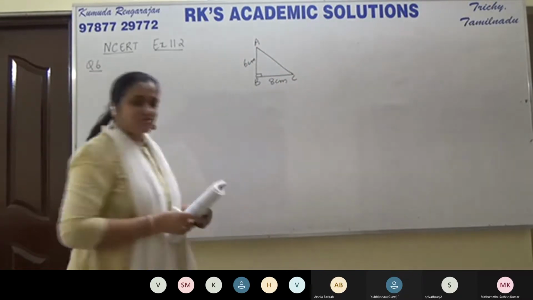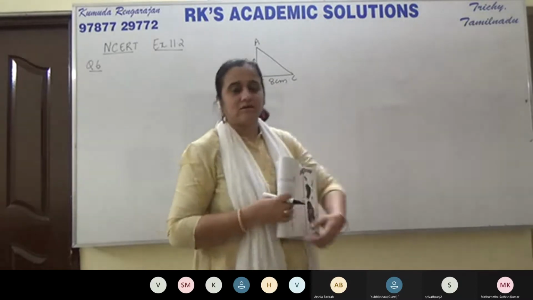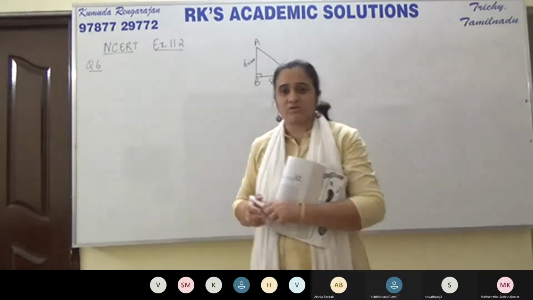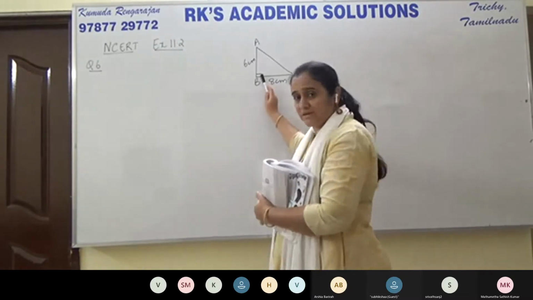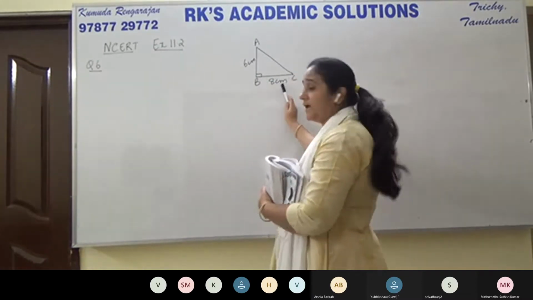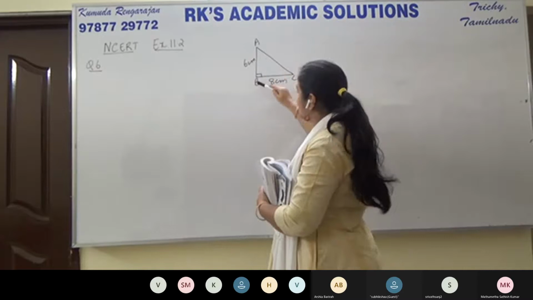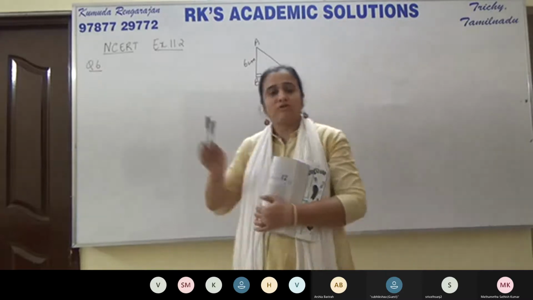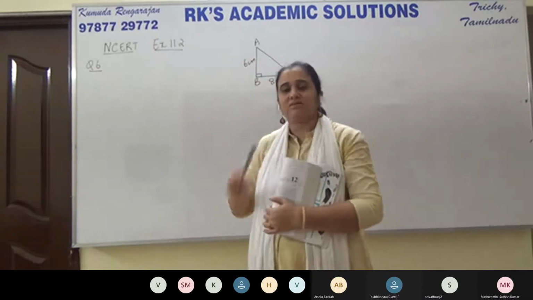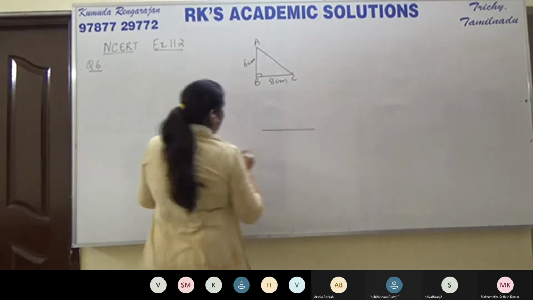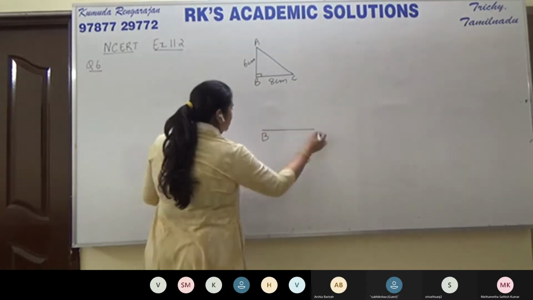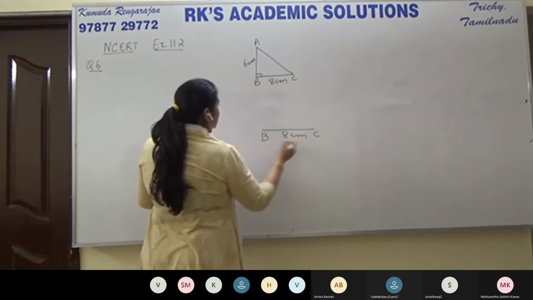All right, so the first step is to construct this right triangle. Right triangle ABC, right angle at B, BC is equal to 8 centimeters, AB is equal to 6 centimeters. If you use this rough figure and construct the triangle, what will you do? First draw this line segment BC, 8 centimeters.